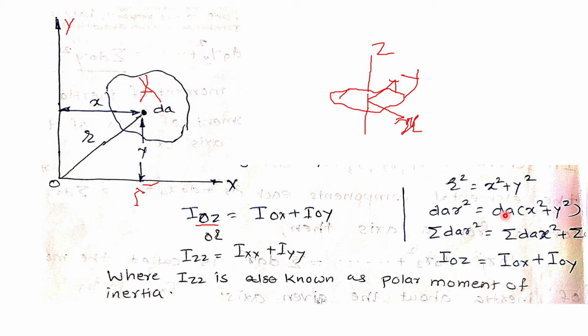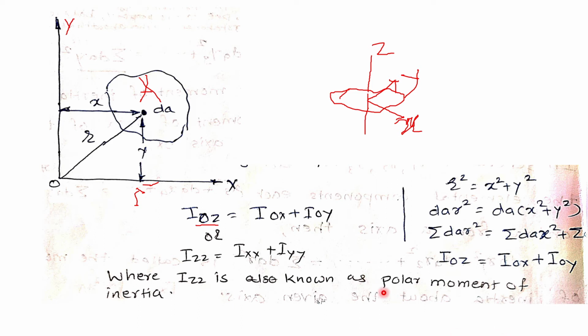In this, dA into x square is nothing but the moment of inertia about the reference axis y, and similarly dA into y square is nothing but the moment of inertia about the reference axis x. So that is the proof, dear student. Ioz is equal to Iox plus Ioy, where Izz is known as the polar moment of inertia. So that is the third mutually perpendicular axis to the plane.